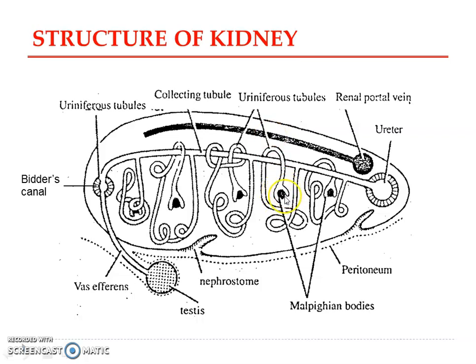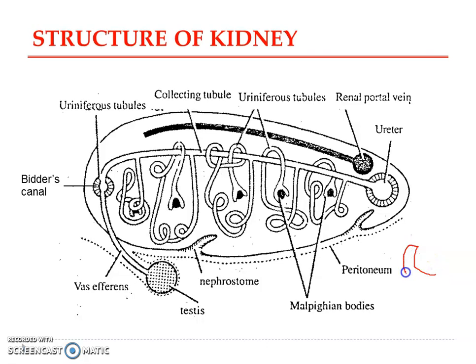The glomerulus is formed of branched blood vessels. It's a vascular network, and Bowman's capsule is a double-walled cup-like structure that encloses the glomerulus. It will be like a cup-shaped structure, somewhat like this.